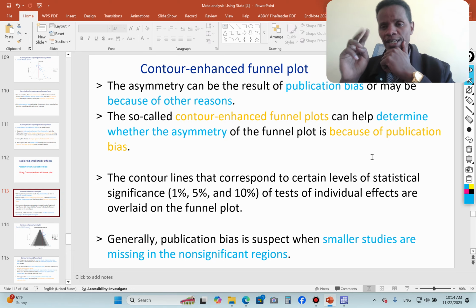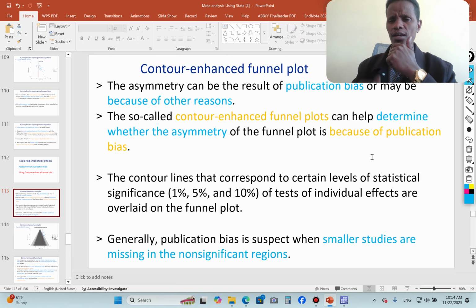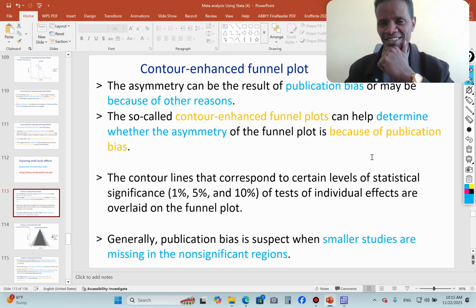One, publication bias, and two, heterogeneity between the studies. So how could we identify that asymmetry is because of publication bias or because of heterogeneity between the studies? By the use of a contour enhanced funnel plot, we can identify whether the asymmetry is because of publication bias or because of heterogeneity between the studies.